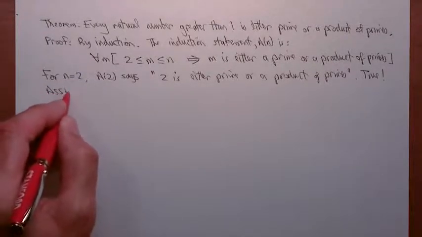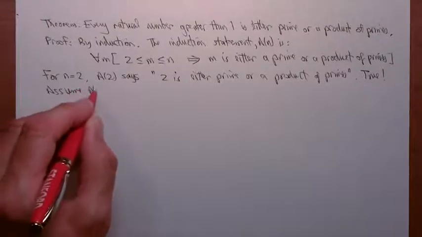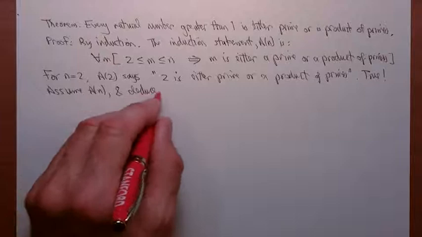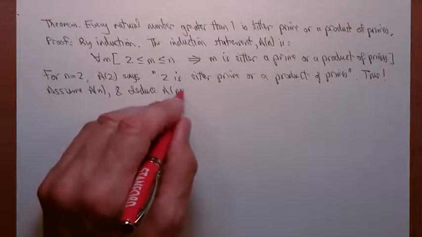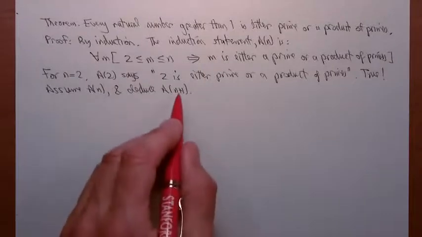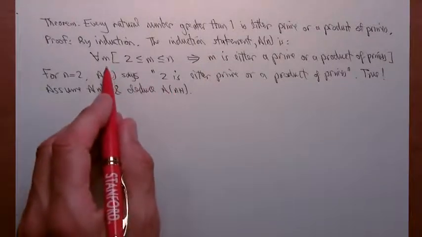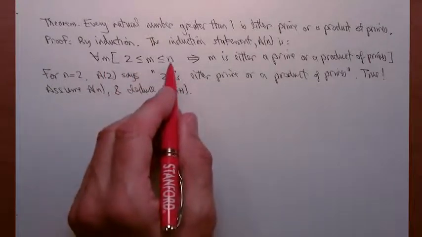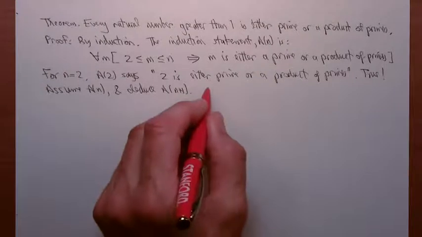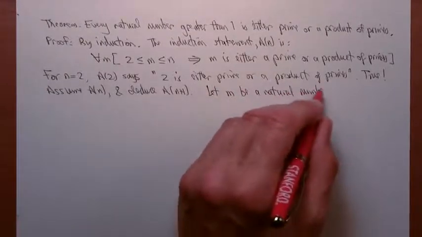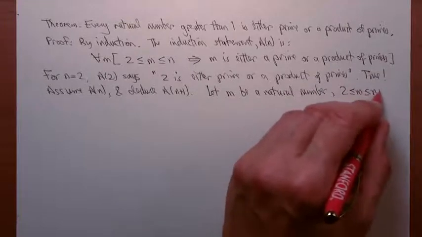Now we're going to assume A(n) and deduce A(n+1). Well, A(n+1) is going to talk about all numbers m between 2 and n+1. So let's look at one of those m's. Let m be a natural number, 2 less than or equal to m less than or equal to n+1.